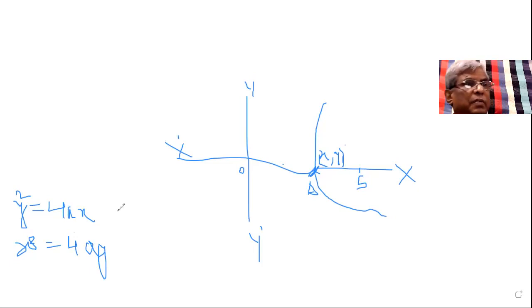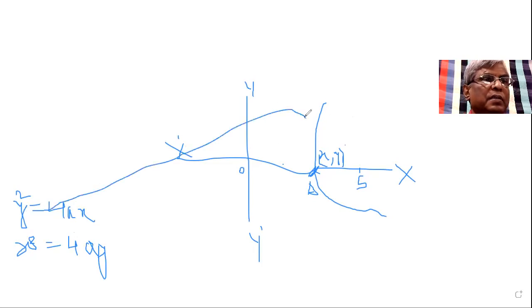Here you see, the symmetry of this parabola is along the x-axis, so in this figure we are concerned with this equation.